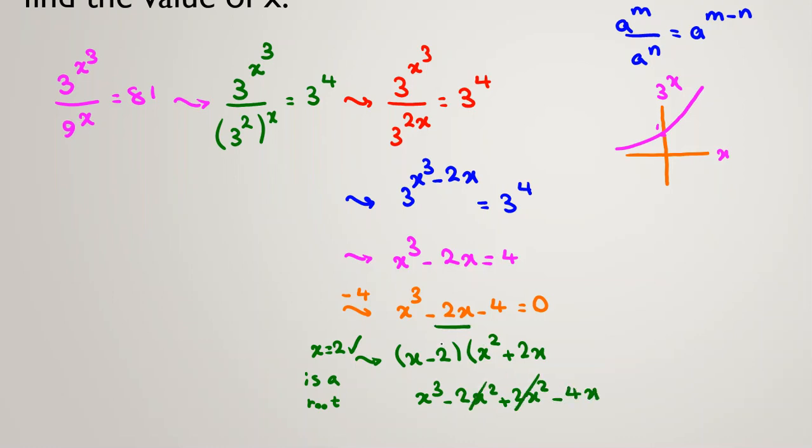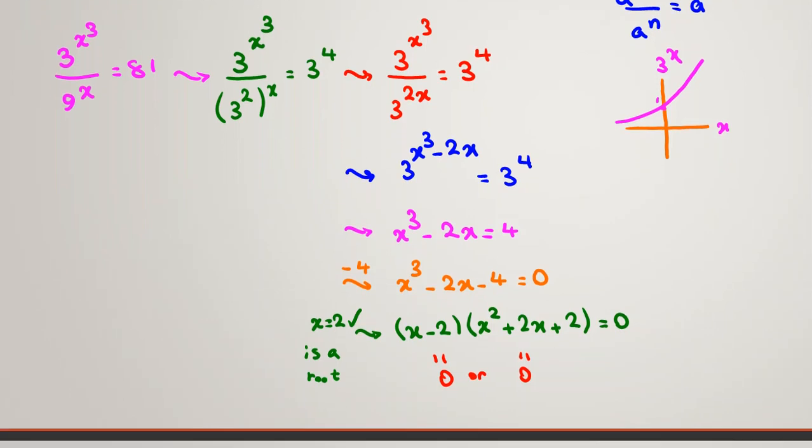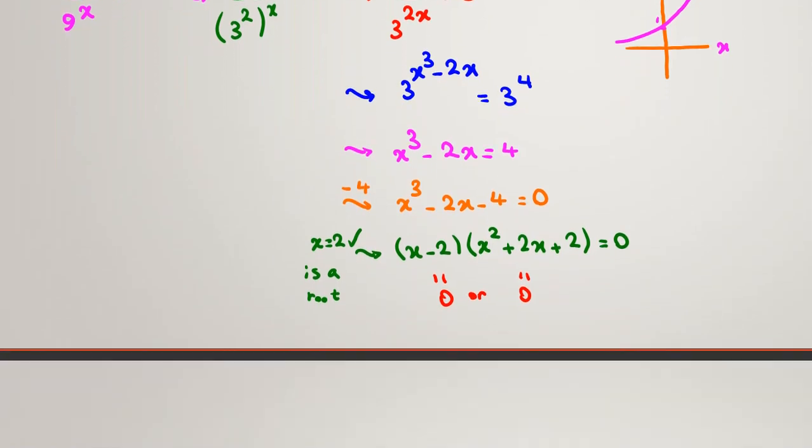Now I have negative 4x, and I want to reach negative 2x, so I should add plus 2x. If I add plus 2, it will be plus 2x minus 4, and it will be exactly our main equation. It is 0. So the first term is 0 or the second term is 0. Let's consider these two cases.